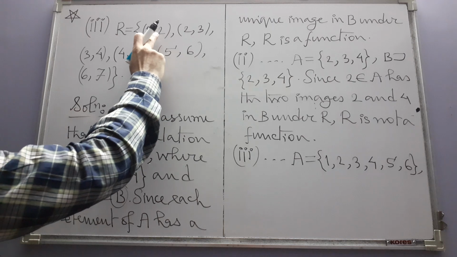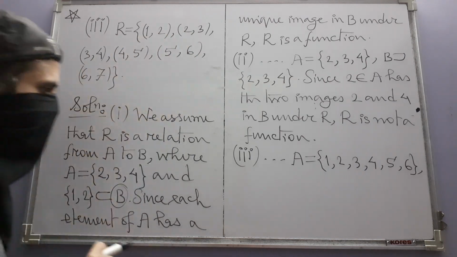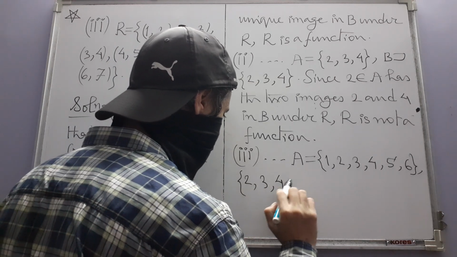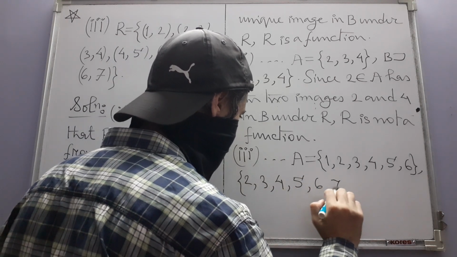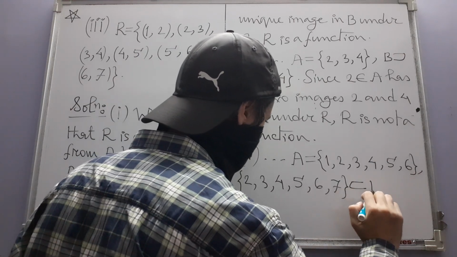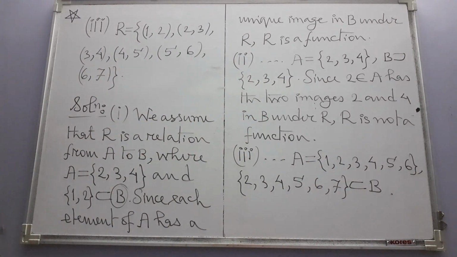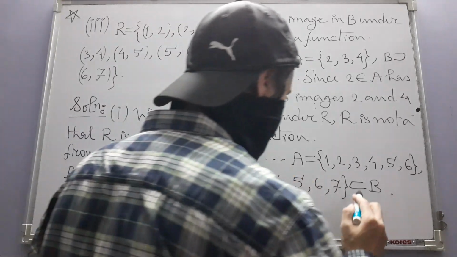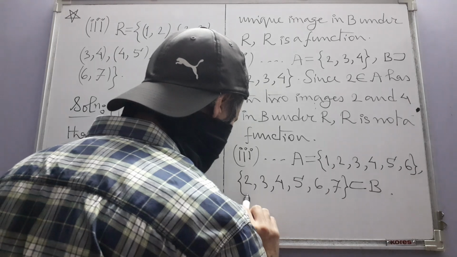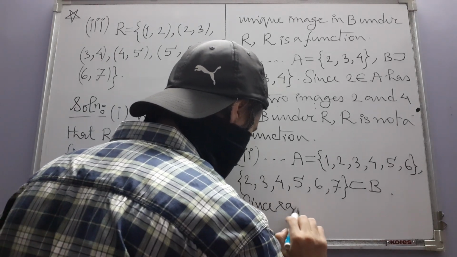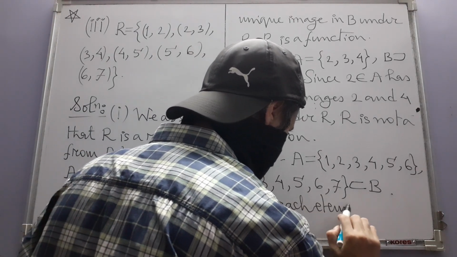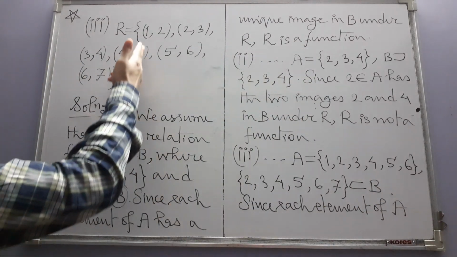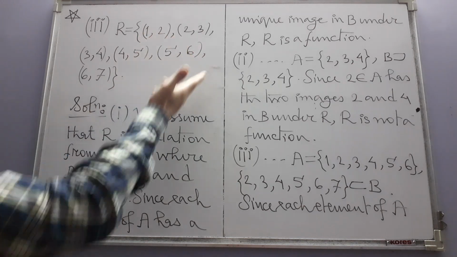And 2, 3, 4, 5, 6 and 7, these elements must belong to B, or in other words, the set consisting of them should be a subset of B, and R is supposed to be a relation from A to B. This will be a function since each element of A has a unique image, because you can see 1 has only the image 2, 2 has only the image 3.